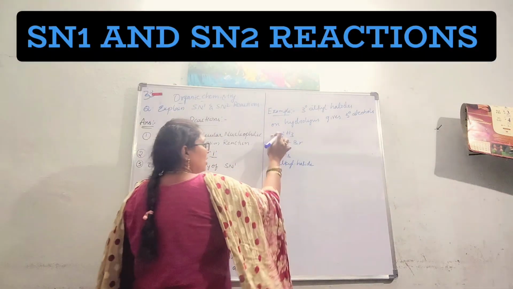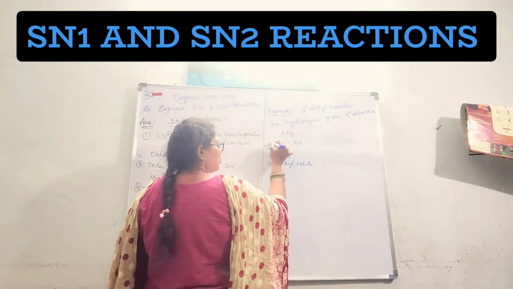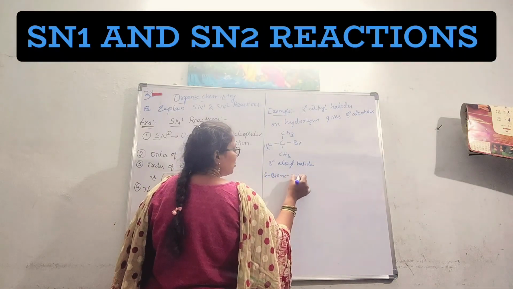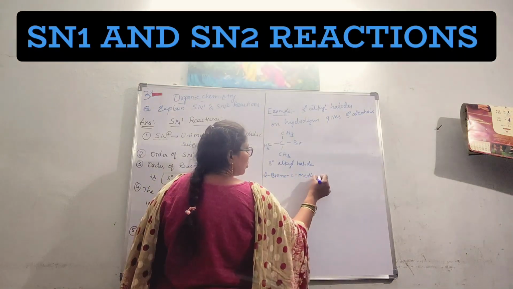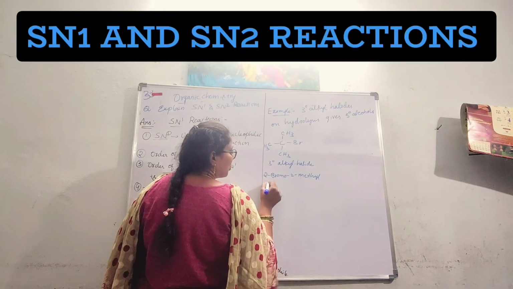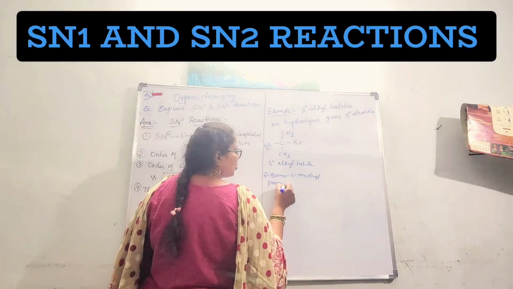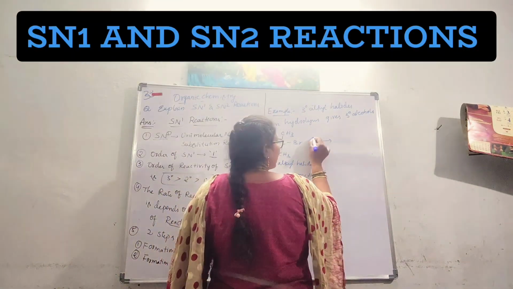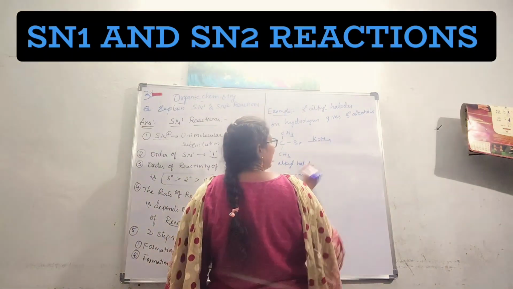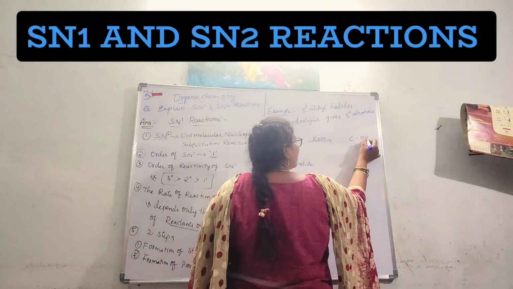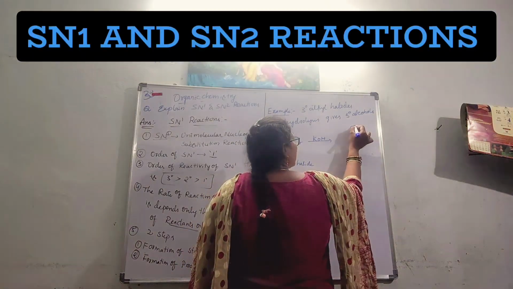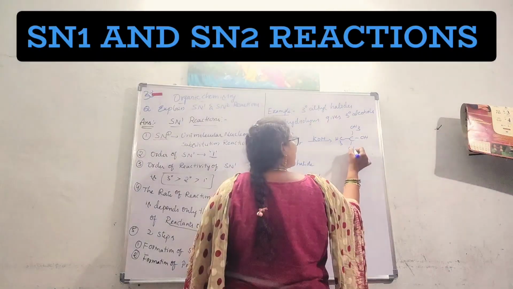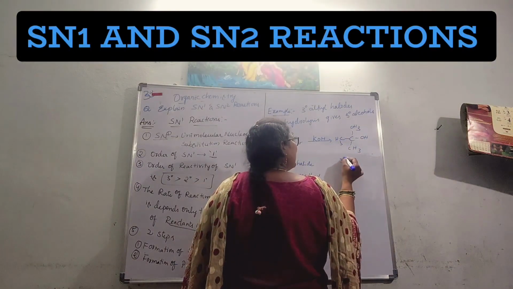Numbering 1, 2, 3, and these are the substituents: 2-bromo, 2-methyl propane. Hydrolysis of 2-bromo 2-methyl propane with KOH gives a tertiary alcohol, (CH3)3C-OH.